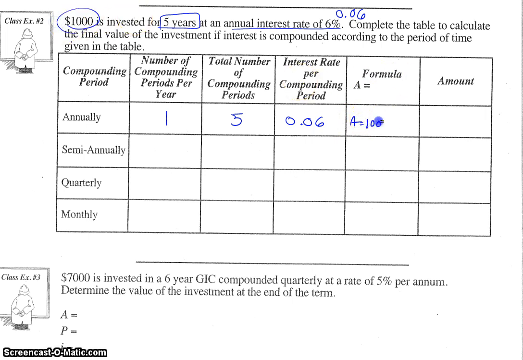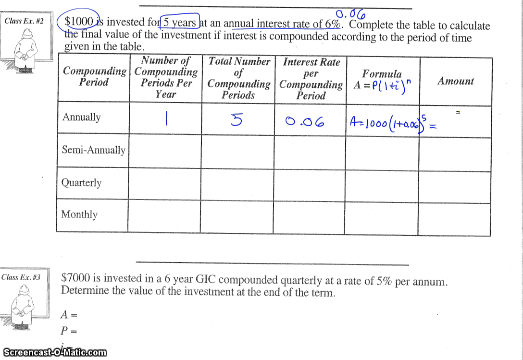So 1,000 times 1 plus our interest rate, 0.06, to the exponent of 5, our number of compound periods. Okay, so this is P, 1 plus I to the N. Okay, and the amount, we can figure that out.